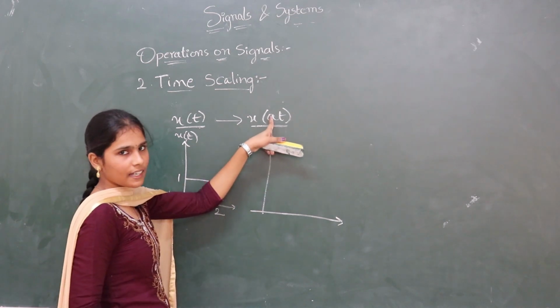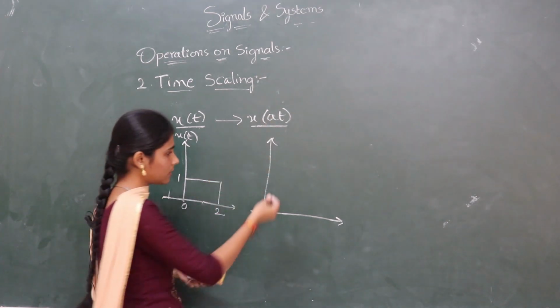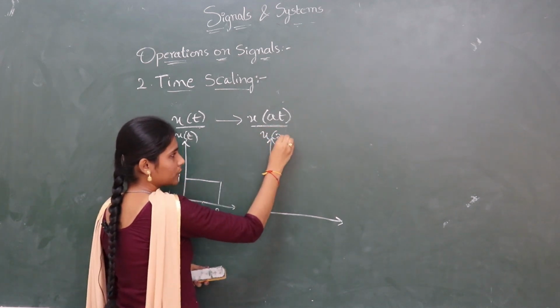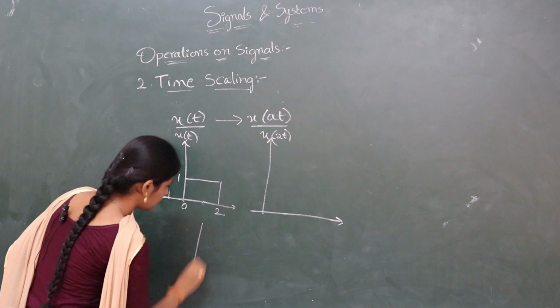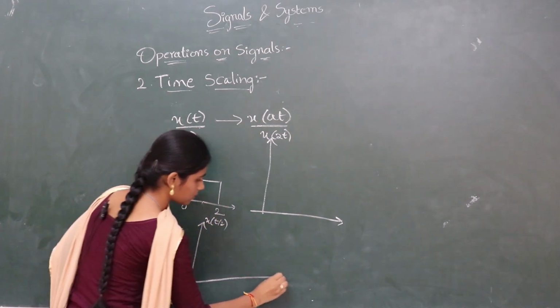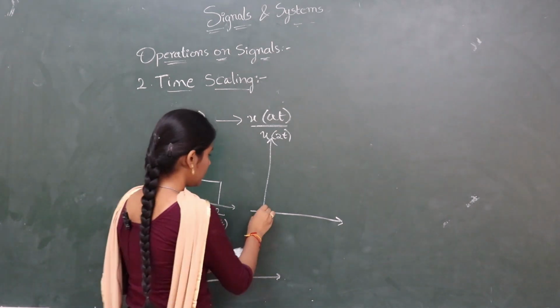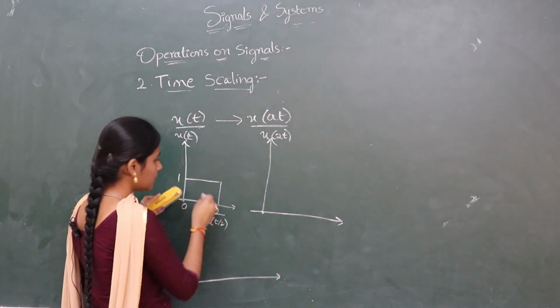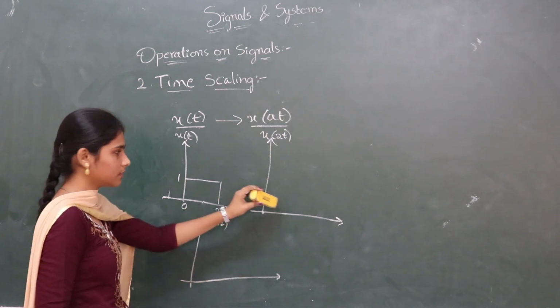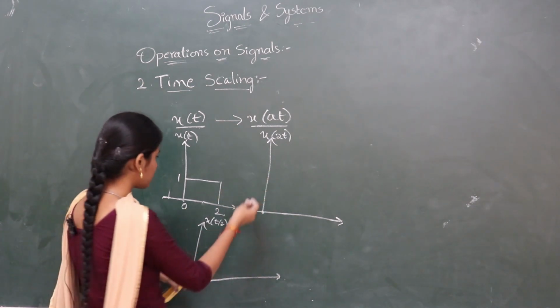Here a is a constant. First I am considering x of 2t, later we will go to x of t by 2. There is some conclusion that we need to get after getting these two signals.